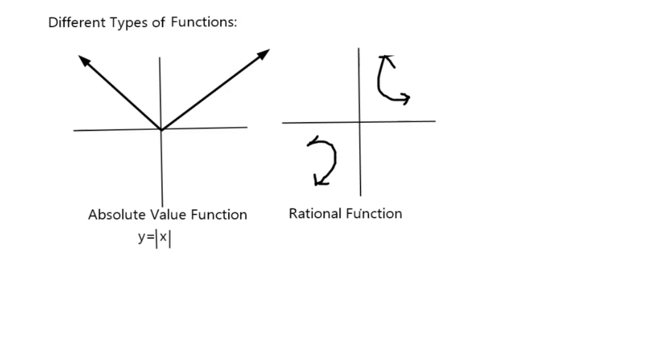Yan, pang ganyan siya. So ang rational function na na-represent ko dito is 1 over x. Let me just put them together. There you have it. That's our example of rational function.